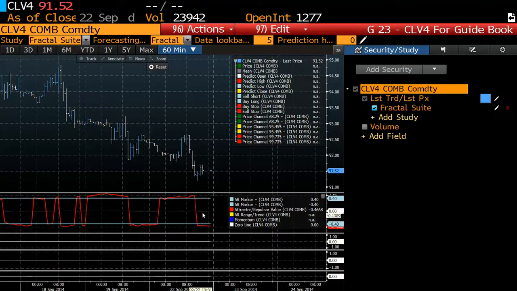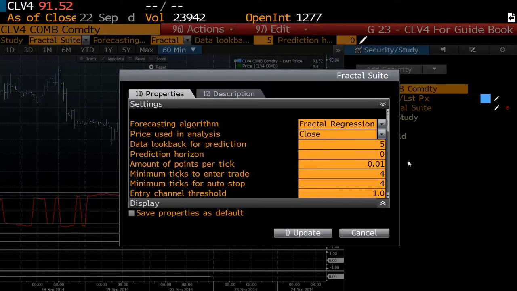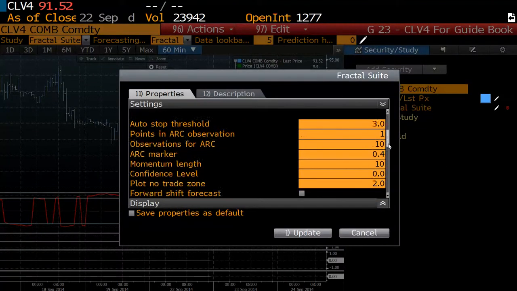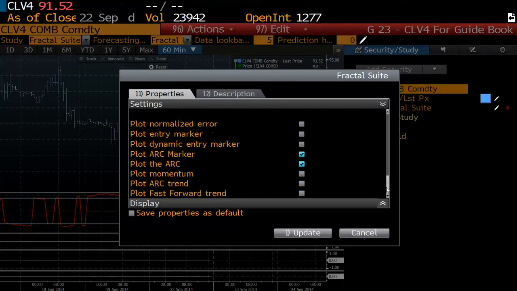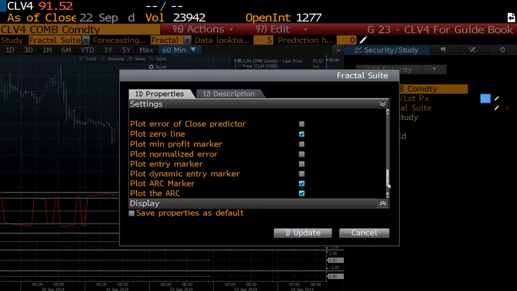And what this is suggesting is that during these phases where we have this positive range here, the price is actually attracted back to the predictor. The opposite holds true when the arc value is negative. So let's go ahead now and add the predicted close so we can get a better view of what is going on between these two instruments in the marketplace.